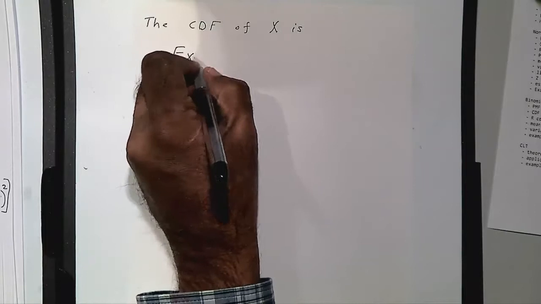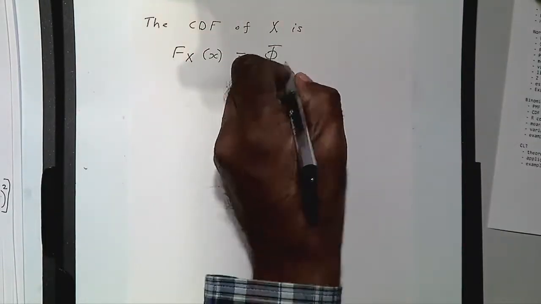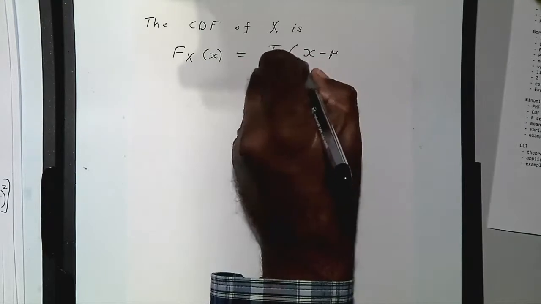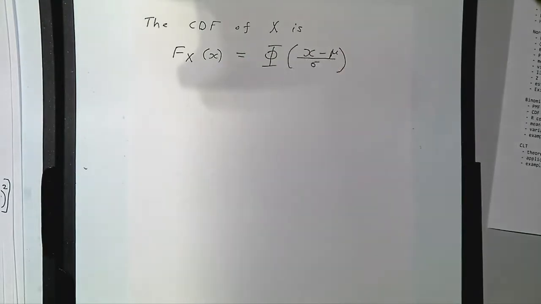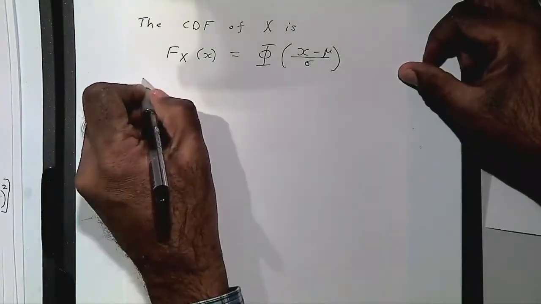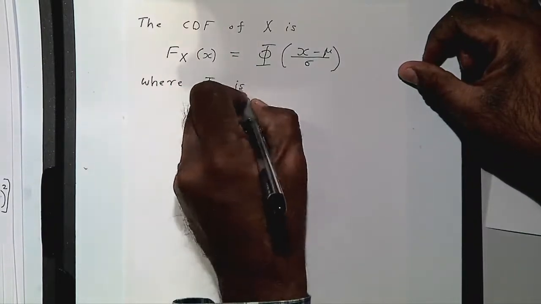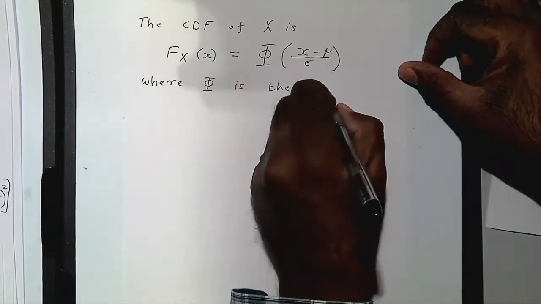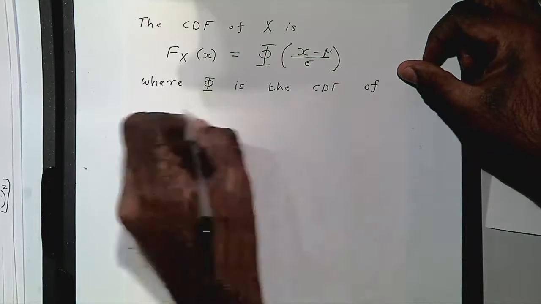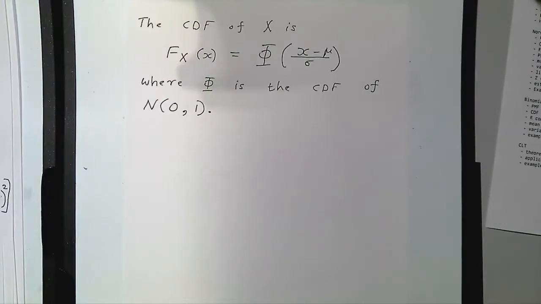The CDF of x, when x has a normal distribution, can be written in this form, where capital Phi denotes the CDF of N(0,1).